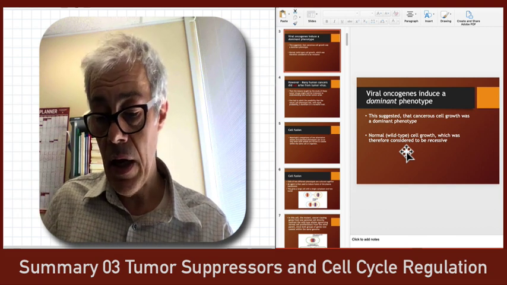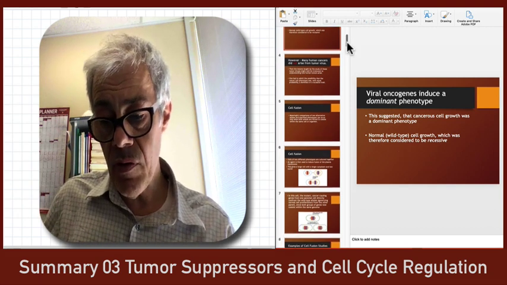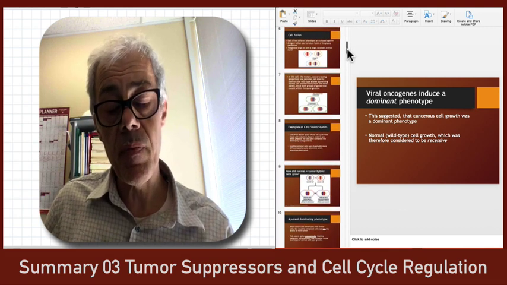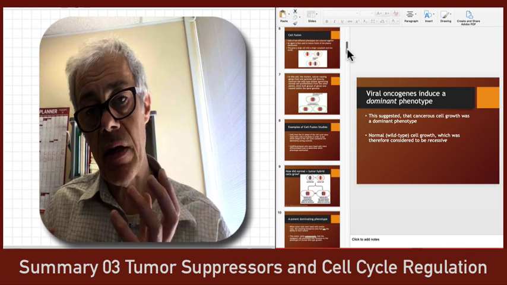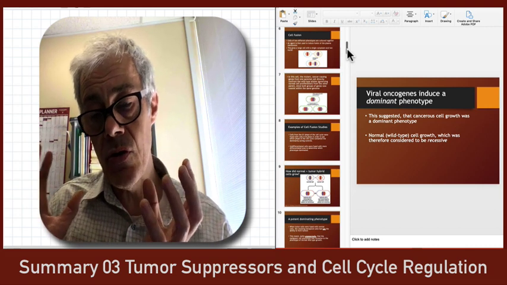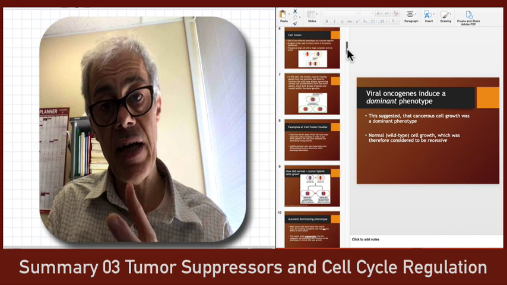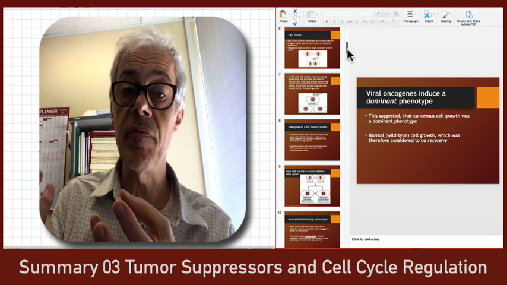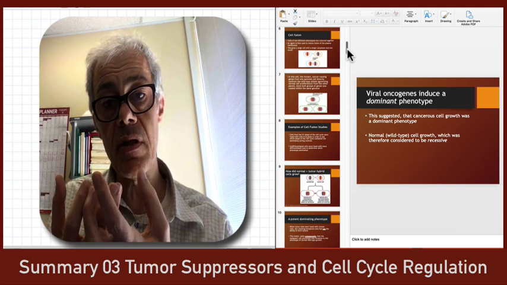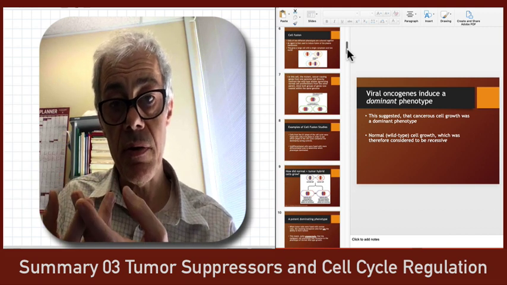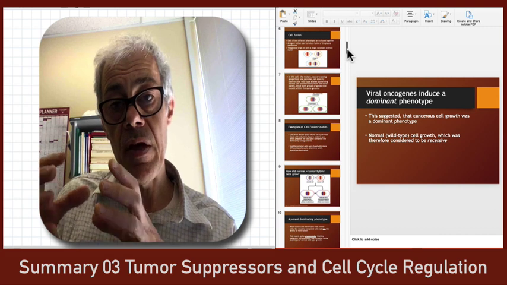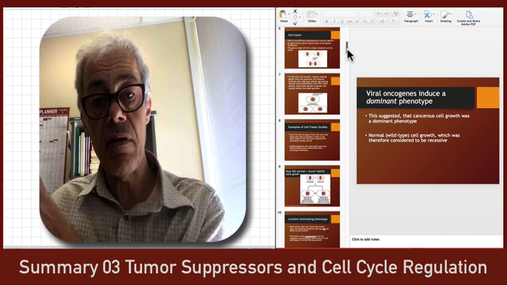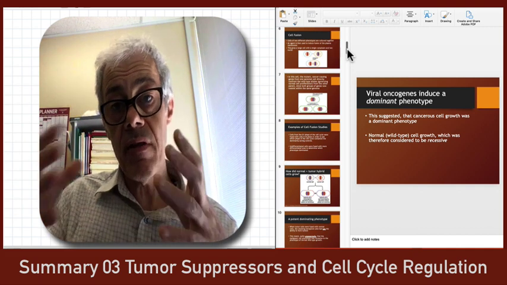There's a kind of cool experiment that was done that involved cell fusion. If you take a cancer cell and a normal cell, assuming that the cancer cell has a dominant phenotype, then when you merge the two cells, the active thing from the dominant cell will dominate the fused cell.